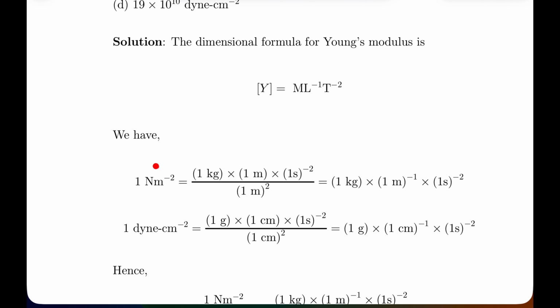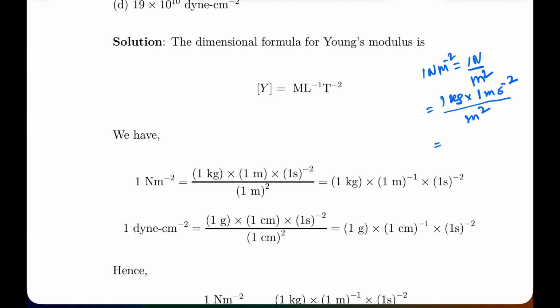Now this is 1 Newton per meter square. Newton is the unit of force. 1 Newton is equal to 1 kilogram into 1 meter per second square, upon meter square.